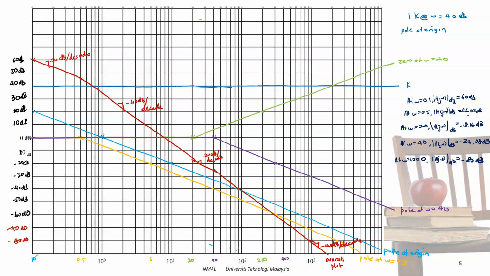So for sketching, you can just drag your ruler, but you should know when you have to draw the gradient at negative 40 dB or 20 dB or horizontal. You should have the knowledge of that. So what you can do now at home is try to plot the overall plot, not using this calculation but using the combination, and you can match your answer with when you performed the calculation.